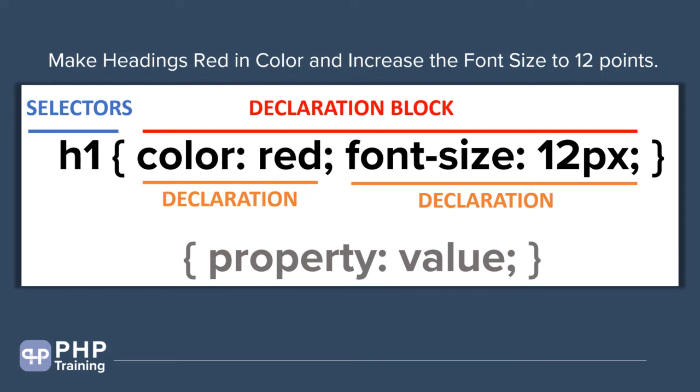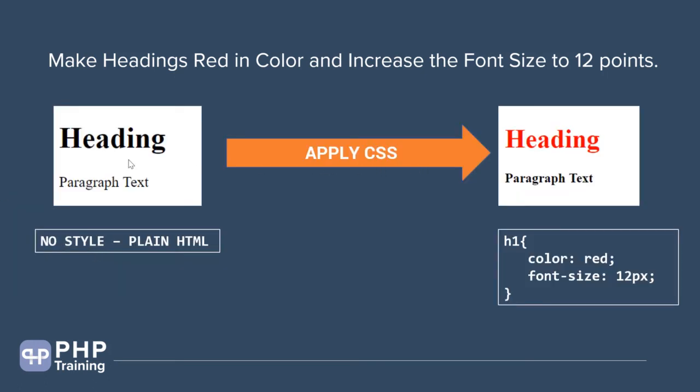But understand the purpose of CSS. That's what I want you to understand here. The purpose of CSS is to apply styling to your web page. Okay, and this is one example of how you write a CSS. Once you apply the CSS, your heading, which is basically black in color, which is plain HTML, once you apply that CSS rule saying that color is red, font size is 12px, it becomes 12px and it becomes red in color.